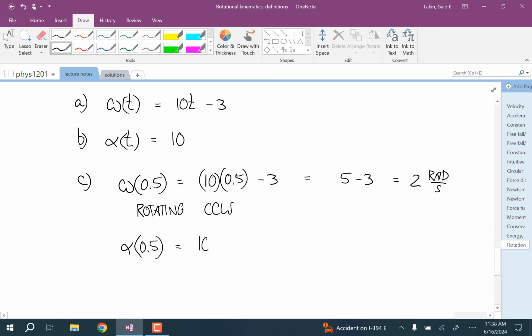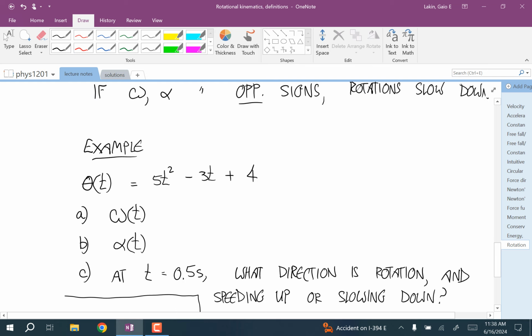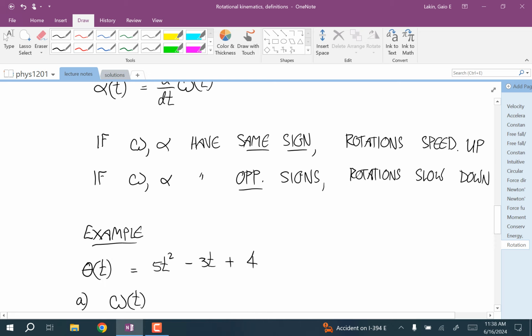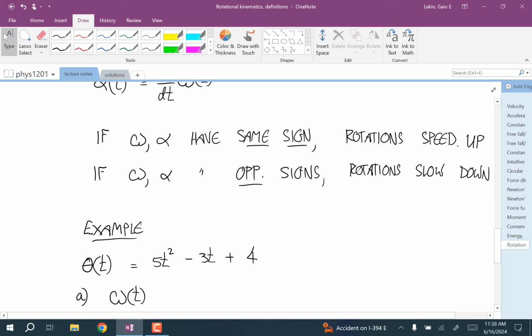This is a constant, it's just 10. I didn't give you this, but it's important. SI units for angular acceleration are radians per second squared. Okay, just pretend I did that before.